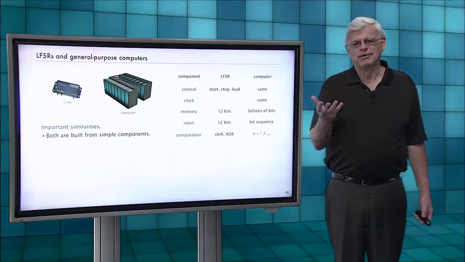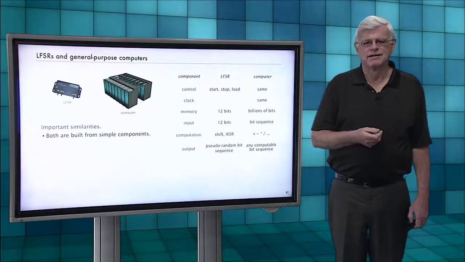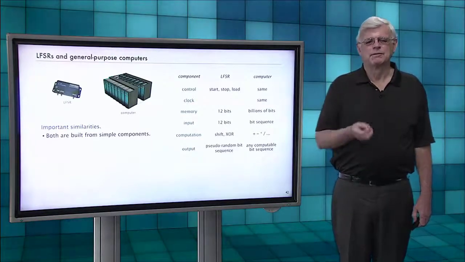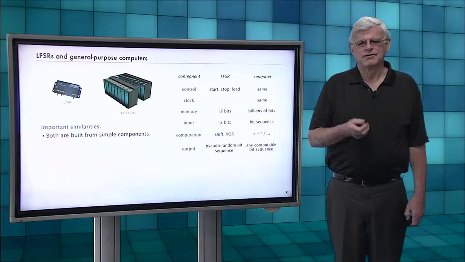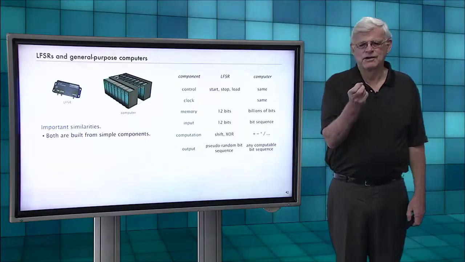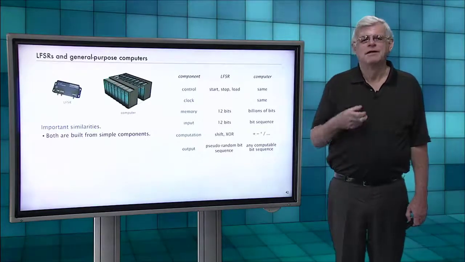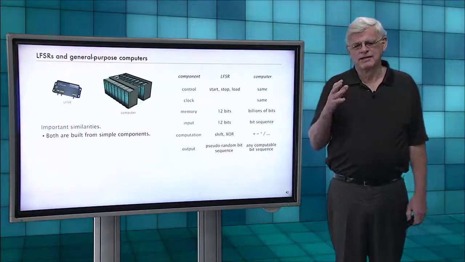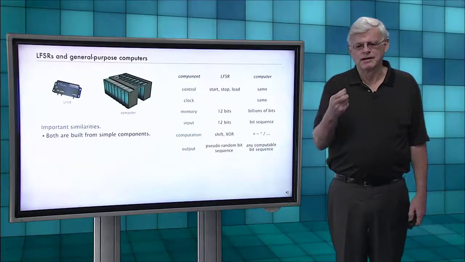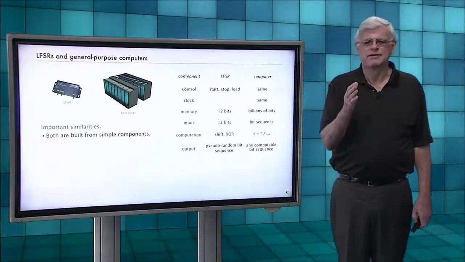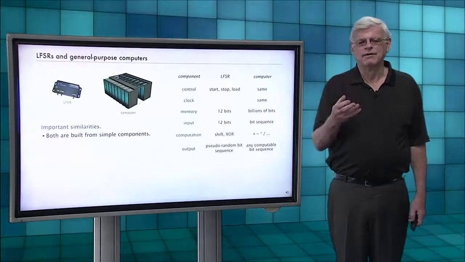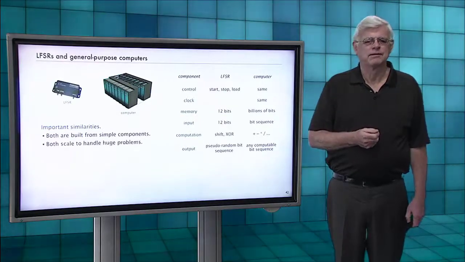And the ones on the computer are way more complicated. And they both produce output. The LFSR produces that one specific kind of output, and the computer can produce any output that any computer can produce. And we know that in a specific theoretical sense that we'll talk about much later.